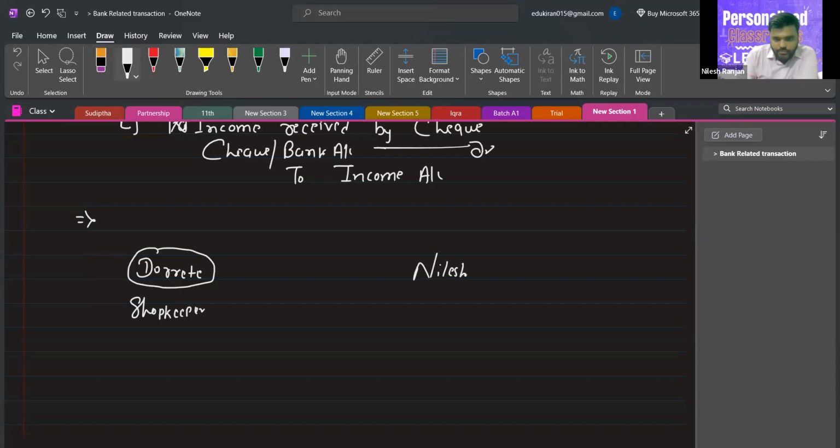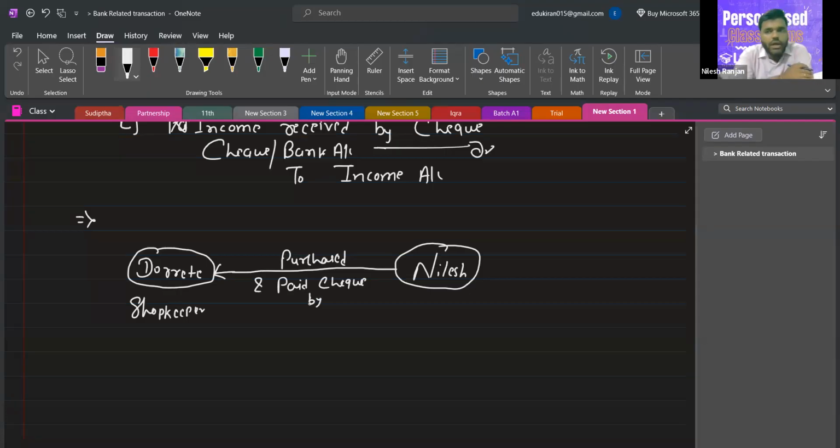I came to your shop and I purchased, and paid by check. So I purchased, let's say, 2000 rupees of goods and then paid by check.